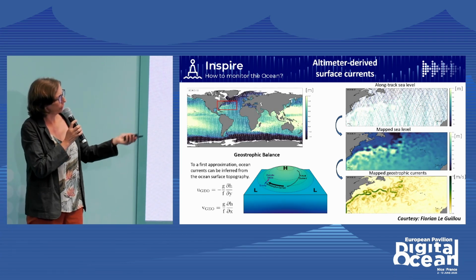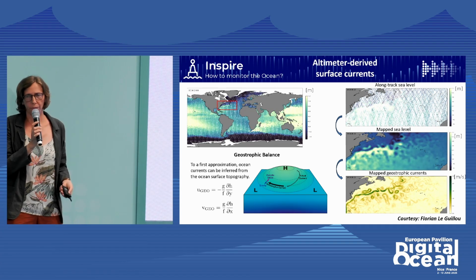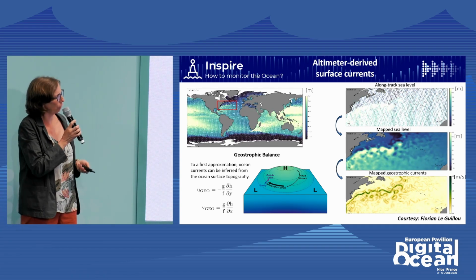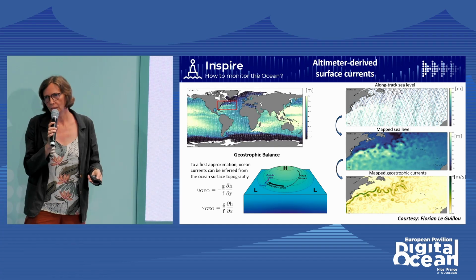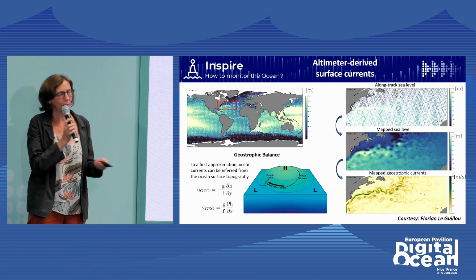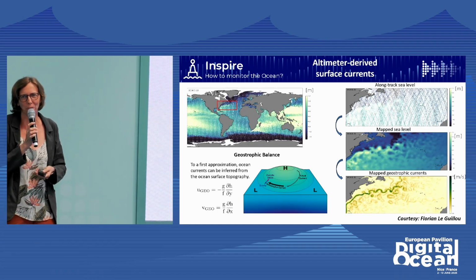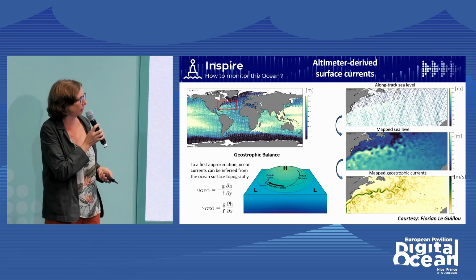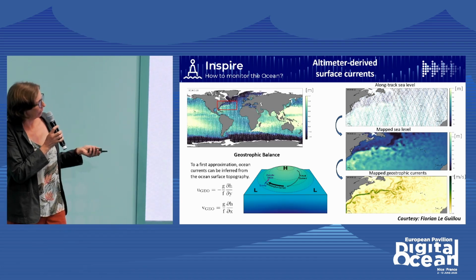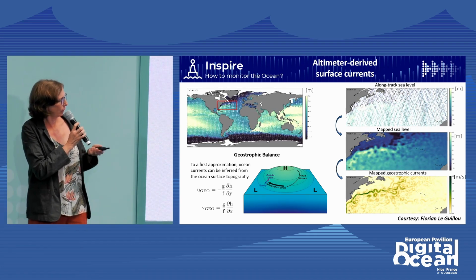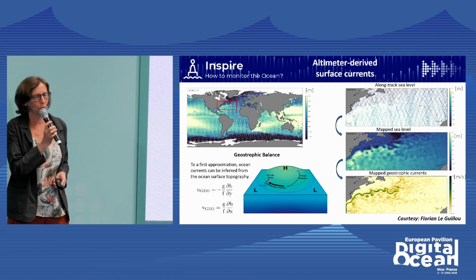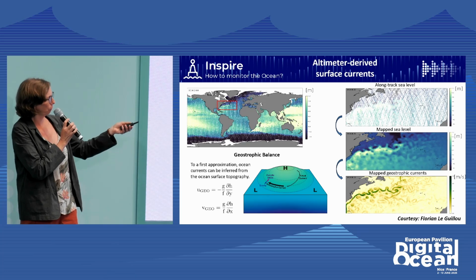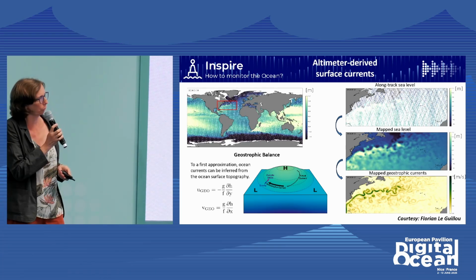So the ocean is not flat, it has bumps and troughs, and when you have a particle of water at the top of the hill, it will tend to go down by gravity, but then the Earth being rotating, this will be deviated through the Coriolis force to the right in the northern hemisphere, and to the left in the southern hemisphere, and this will create what we call the geostrophic currents.